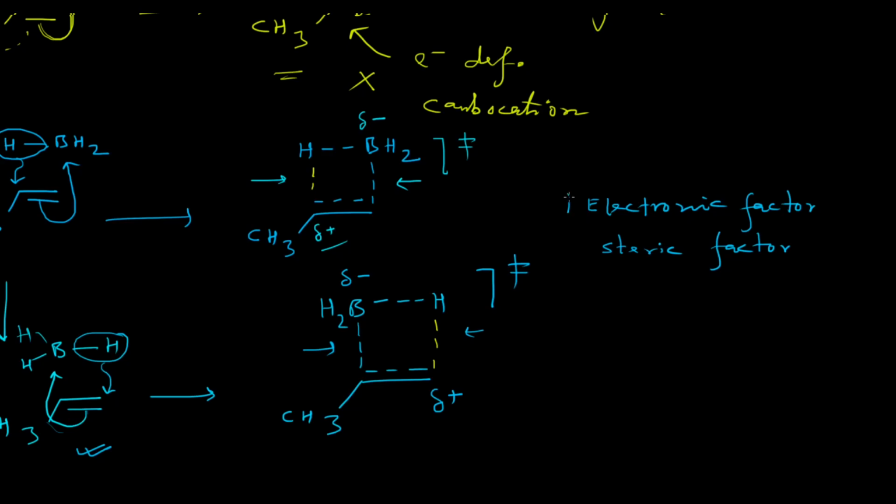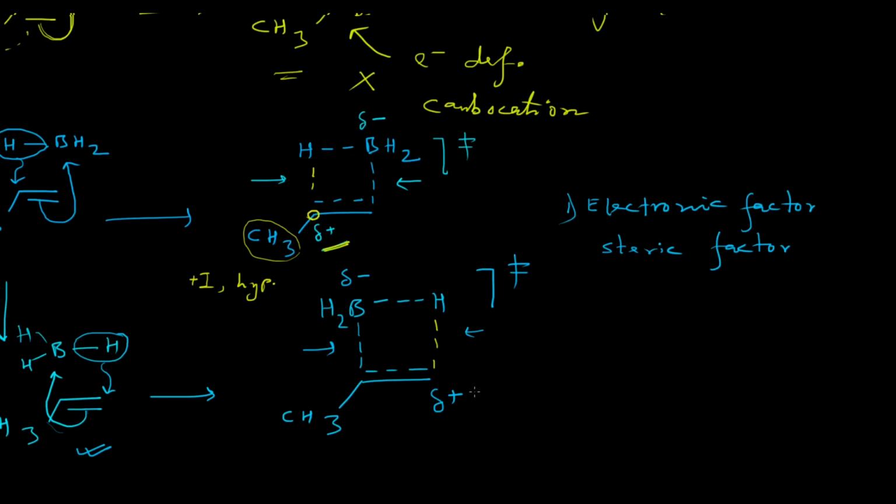So first let us consider the electronic factor. Since this carbon center is possessing the delta positive character, and also this carbon center contains a CH3 group, which we know can stabilize any adjacent carbocation via electron donating plus I effect or electron donating hyperconjugation effect, this delta plus character will be stabilized by this CH3 group.